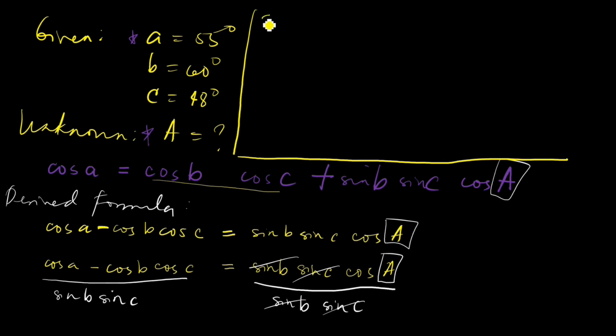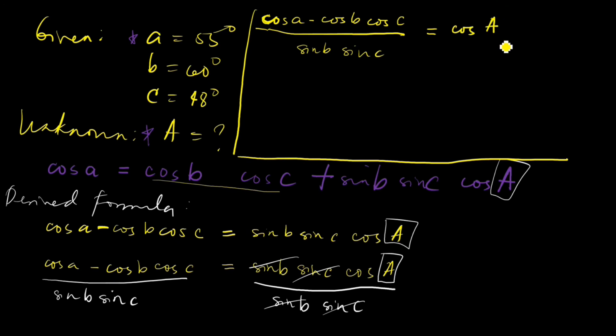What we have is cosine of side a minus cosine of small b, cosine of small c, divided by sine b sine c, equals cosine of big A. This can also be written as cosine of big A equals cosine of small a minus cosine of small b cosine of small c over sine of small b sine of small c.